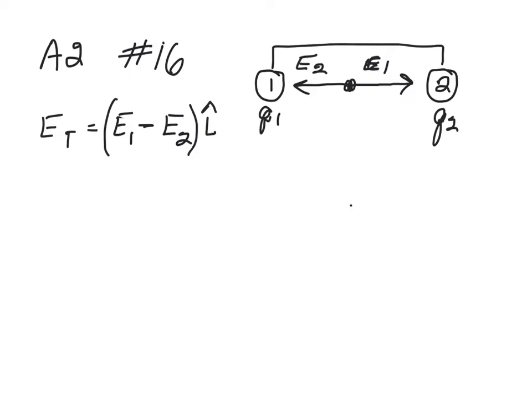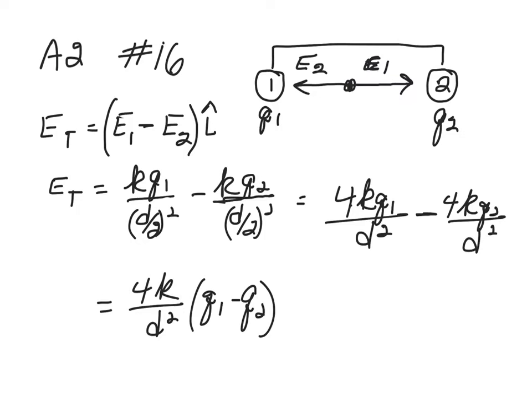And similarly, if this were positive and this were negative, they would both be in the positive direction. So for any arrangement, this equation works. So now write out in detail what these two vectors are, and do the algebra as far as you can toward the answer.